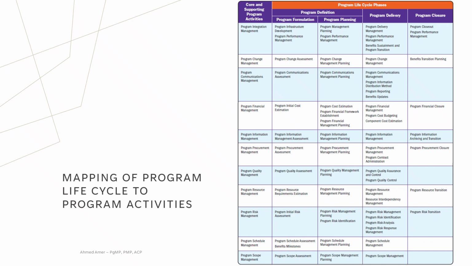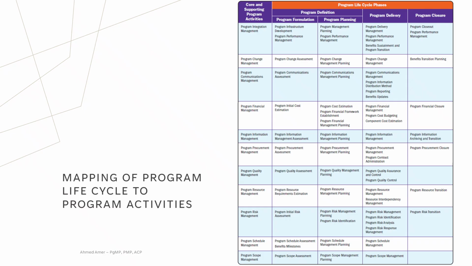Before we wrap up for today, let me bring your attention back to the table we shared previously. Take a moment to look closely at the activities listed under the two subphases of the program definition phase. You will notice a very clear progression. In program formulation, everything is about assessments and estimates. We are exploring, analyzing, and validating whether the program makes sense.